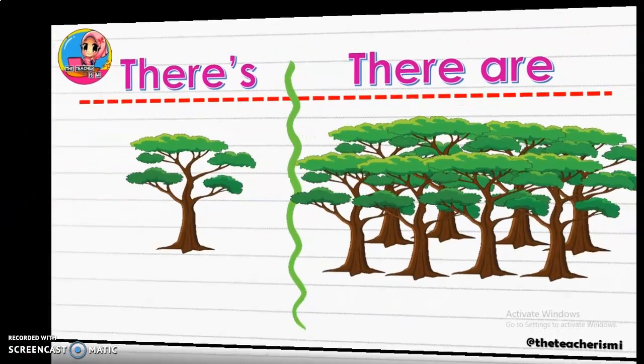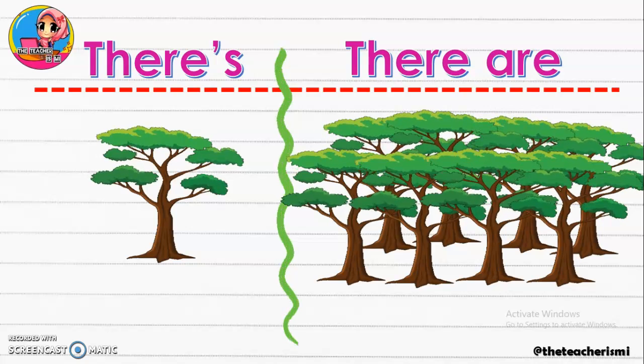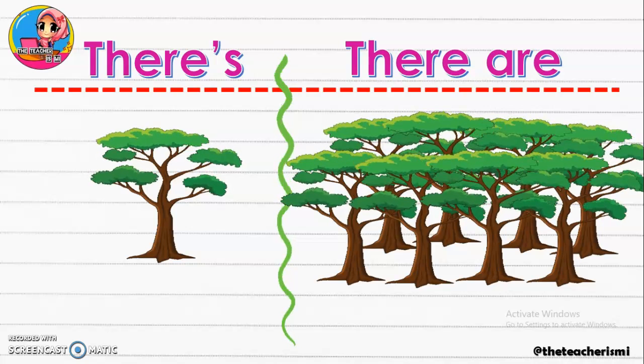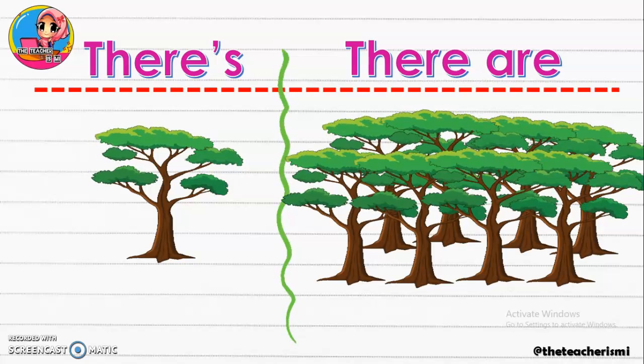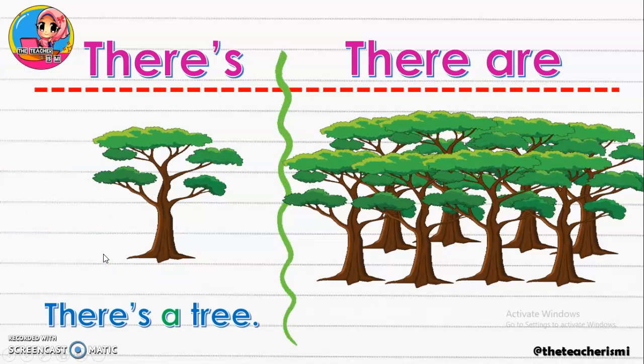And then we continue. Next example. Okay, look at this tree. Okay, how many tree? Yes, only one tree. Hanya ada satu je tree. So we need to use there's. We can write like this. There's a tree. Tengok, sekali lagi ada a.